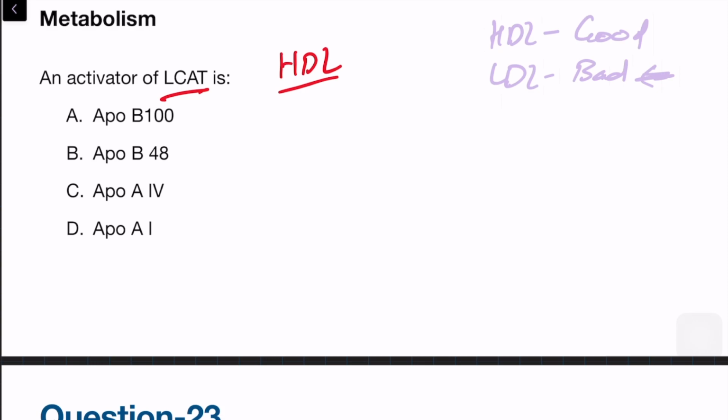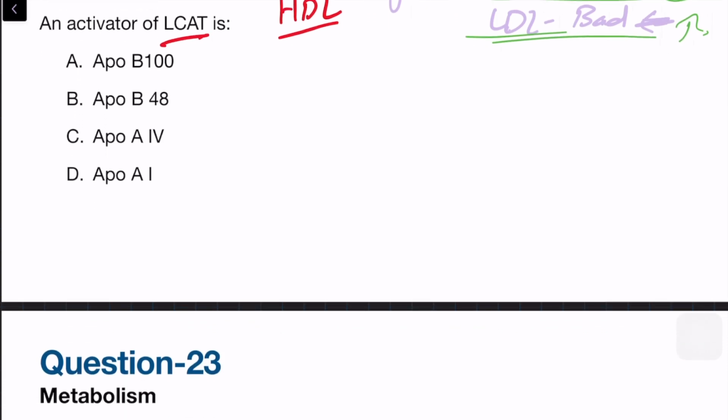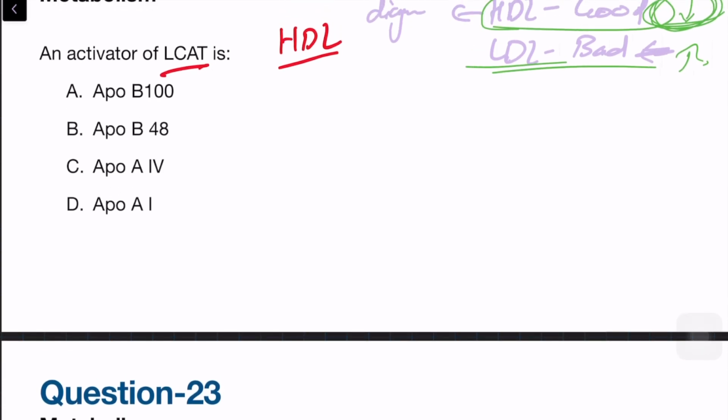But HDL has arrived from a diagnostic point of view. For example, there are many criteria which take HDL level. That is, if HDL drops and LDL increases, the HDL dropping is of more diagnostic value than LDL. So HDL is receiving more love than LDL. Okay, so you have to understand some points related to HDL. So in HDL, LCAT is activated, and ApoA1 is the activator.